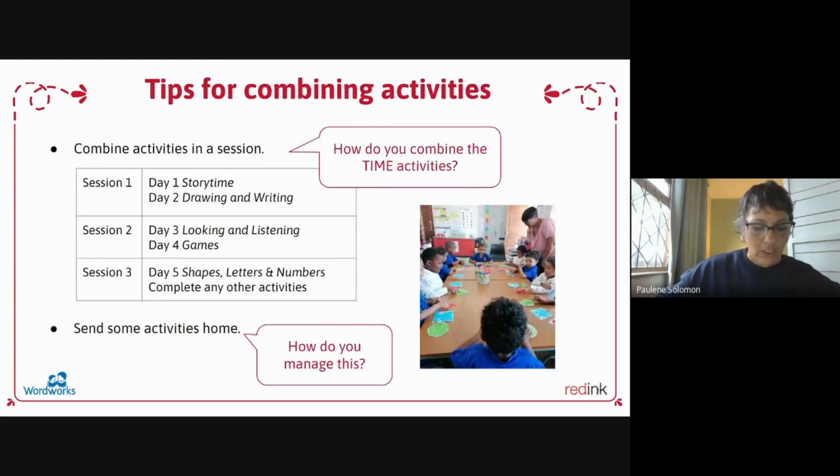Okay. So now we want to move on to talking a bit about how you would combine the time activities in your tutor setting. I said this earlier, that tutors don't work with children daily as it would be if you were a parent or a family member.